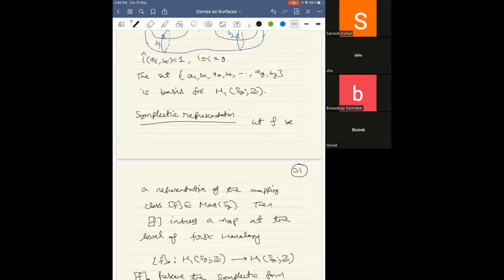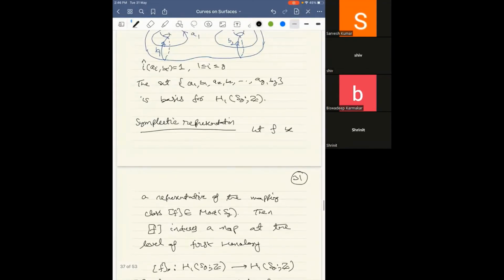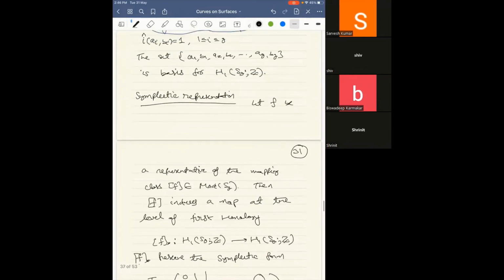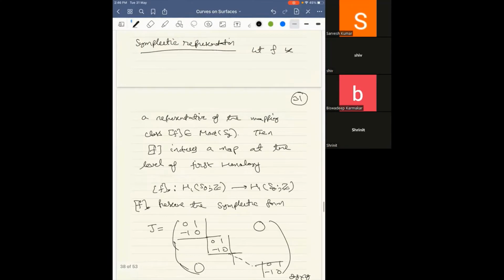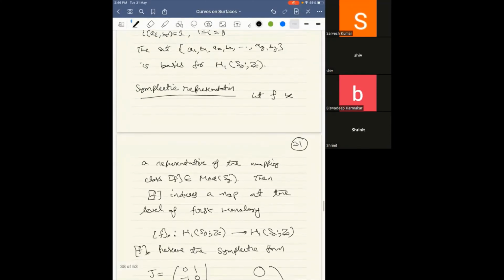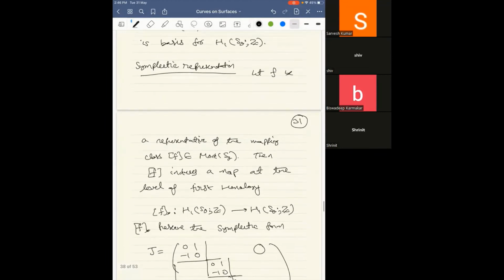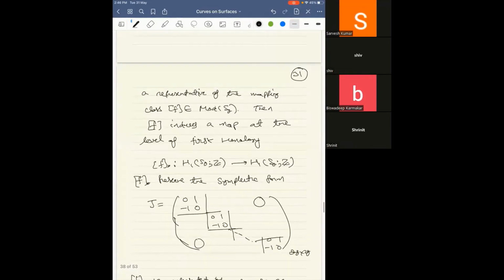Just look at the intersection. The algebraic intersection of a_1 with a_1 you will get 0. The algebraic intersection of a_1 with b_1, you get 1. The algebraic intersection of b_1 with a_1, you will get -1, and of b_1 with b_1, you get 0. So that's what this first block is, and so on.